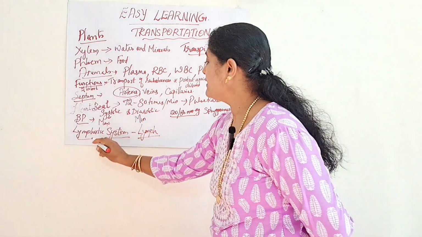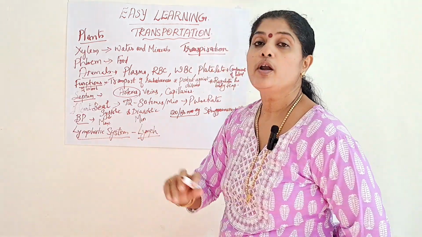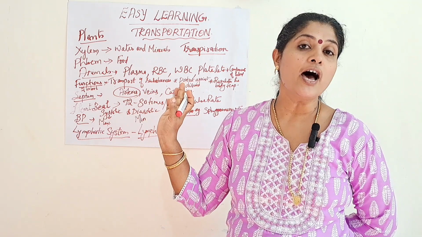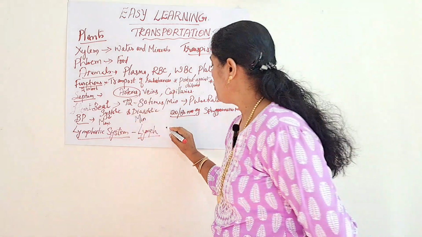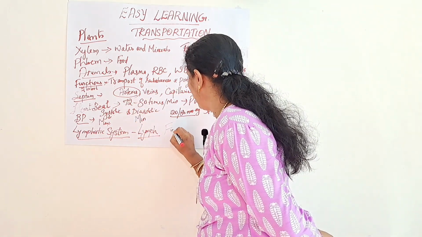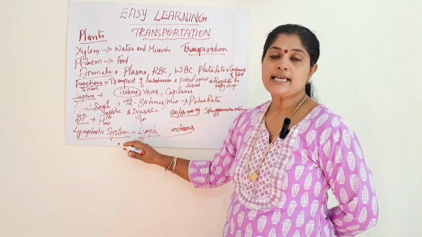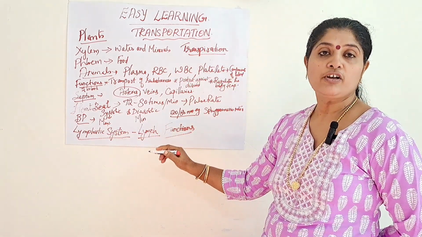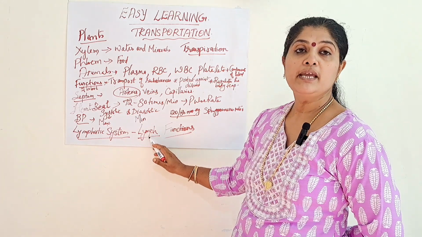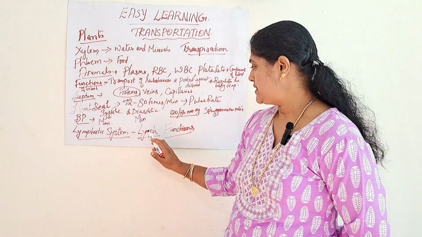In the lymphatic system, you should learn only the functions of the lymph. That is, what are the main functions of the lymph? Because this is one more system along with the blood circulatory system in human beings.